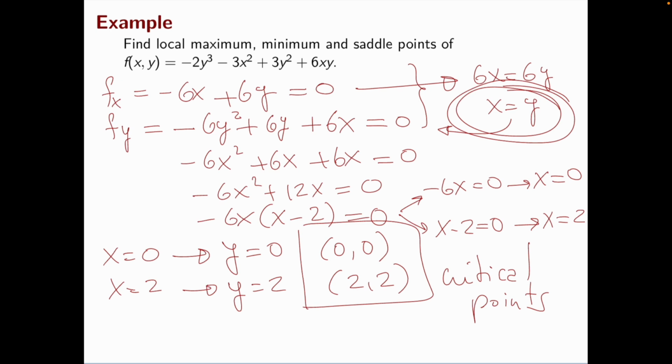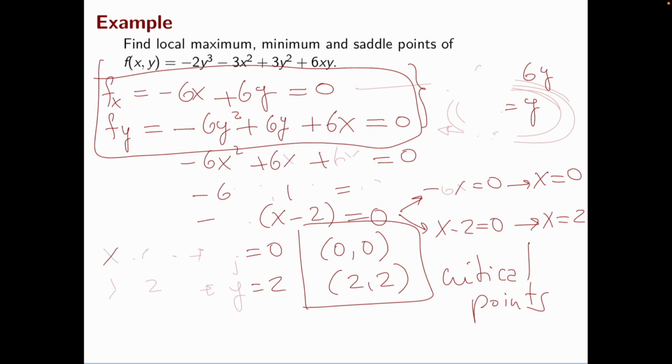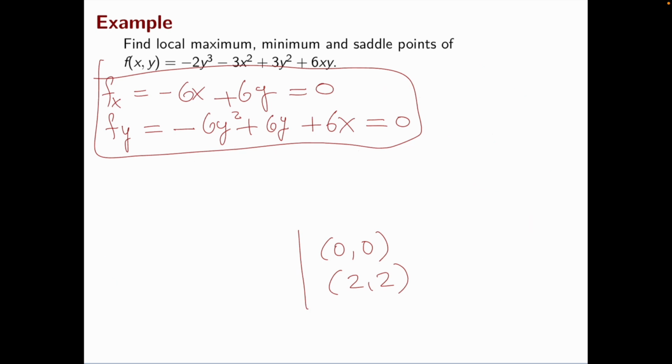So we retain here the derivatives, which is what we are going to need to calculate the second derivatives, and we don't need any more these calculations. In order to calculate the Hessian, we need to take the second derivatives of these functions. The second derivative f_xx is going to be the derivative of this with respect to x again, which is just minus 6.